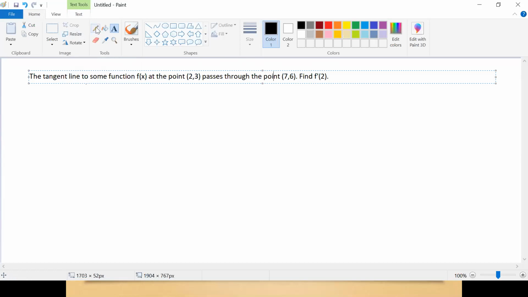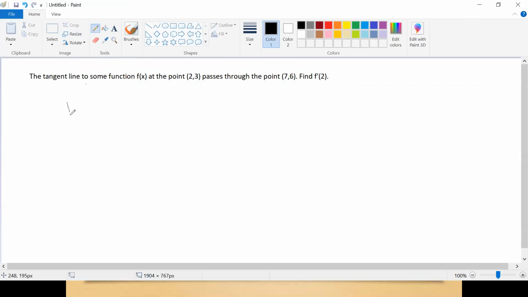Let me draw it for you so that it's clear, okay? So suppose this is your x, oh goodness, this is going to take forever. This is x and this is your function. And suppose we're looking at 2 and 3.